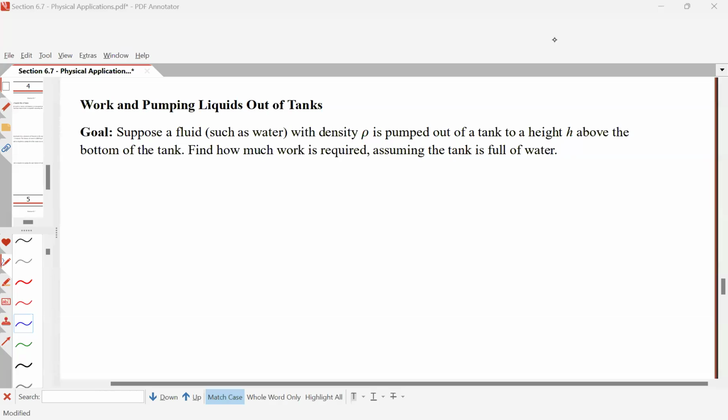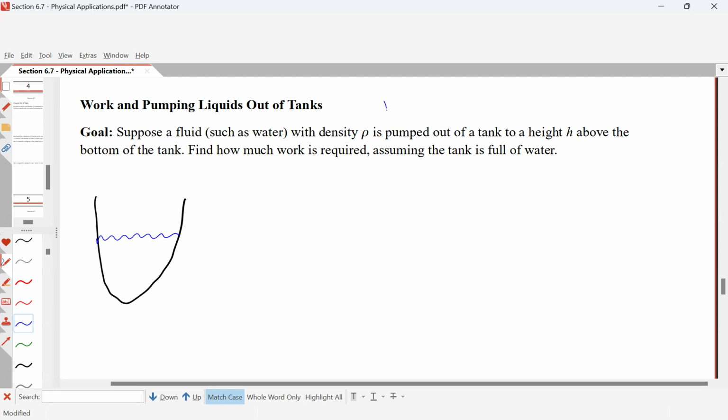Hello. In this video, we're going to take a look at the work required to pump a liquid out of a tank. So suppose we have some tank filled to some degree with water. And that fluid or water has density rho.